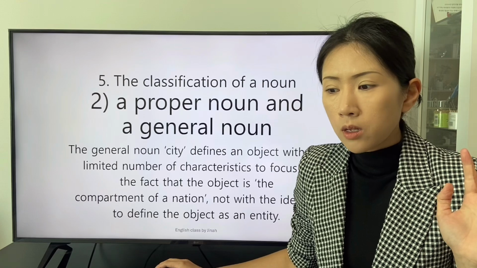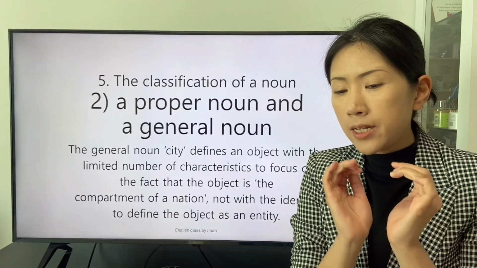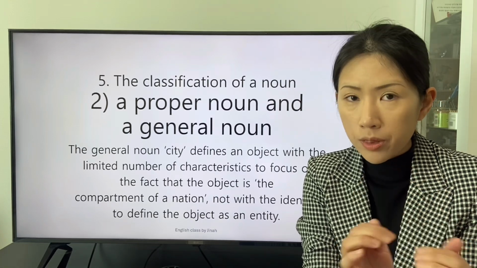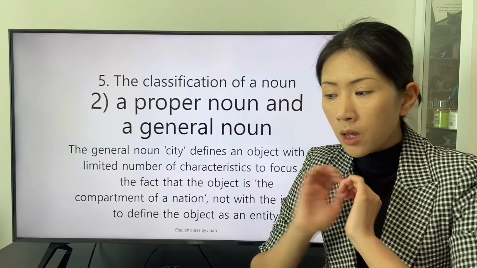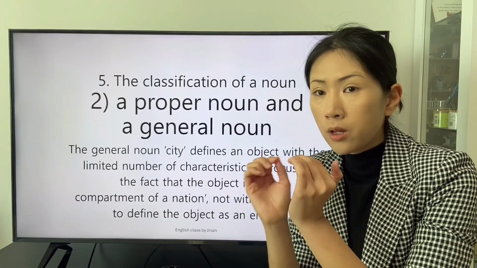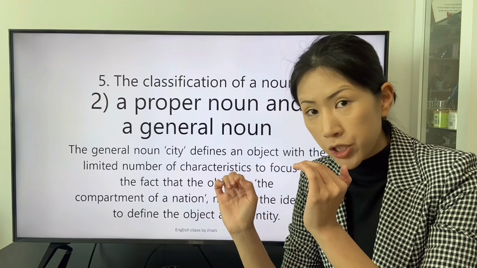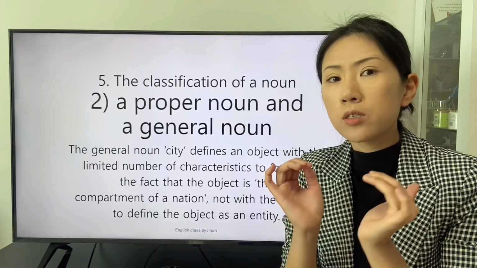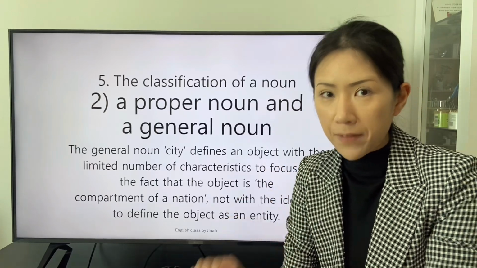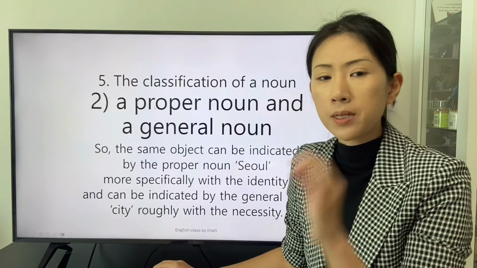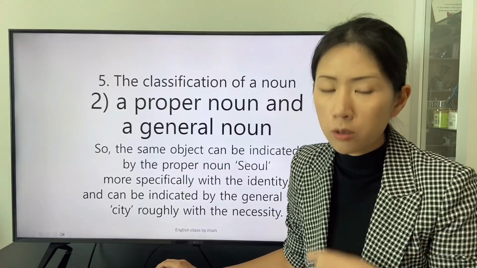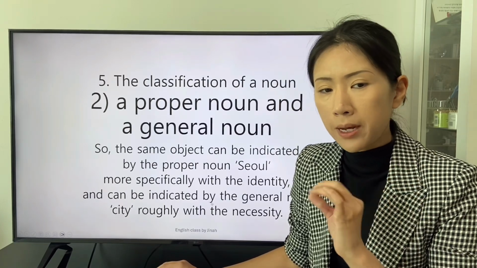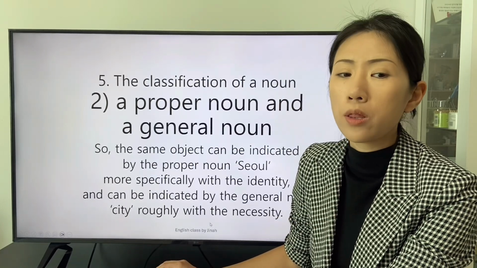So the proper noun Seoul indicates the definite object with the identity, but the general noun with the limited numbers of features indicates objects that share the limited numbers of definitions. So the same object can be indicated by the proper noun Seoul more specifically with the identity, and can be indicated by the general noun city roughly with the necessity.